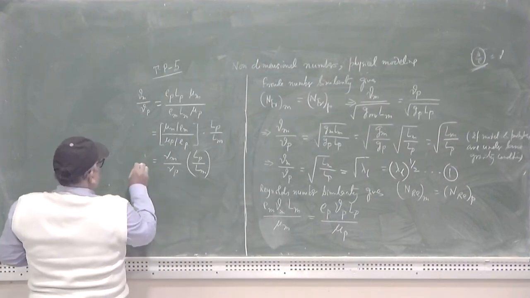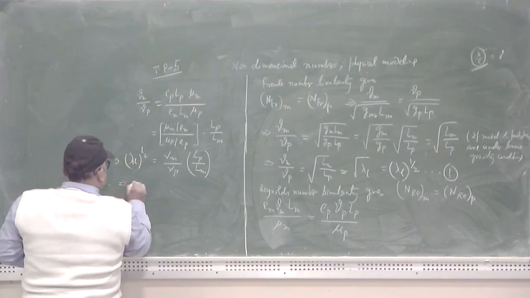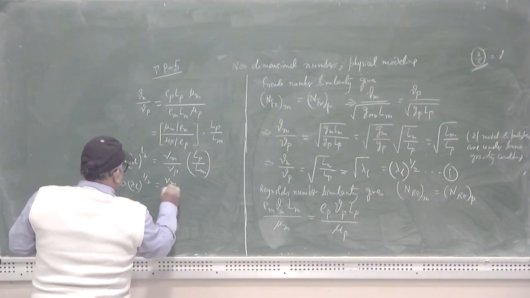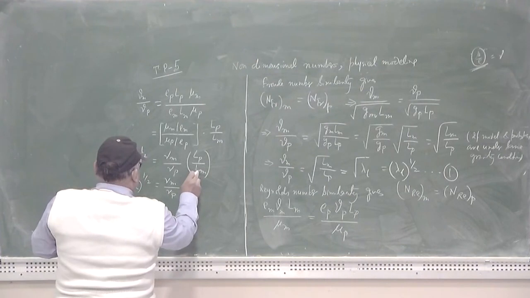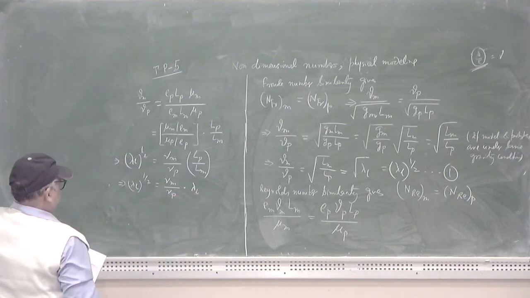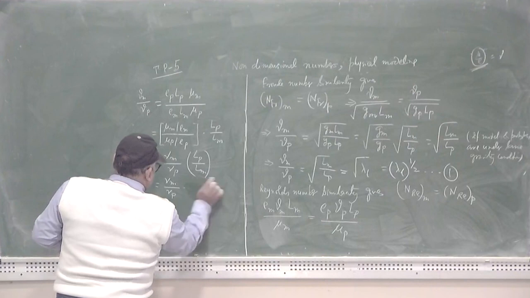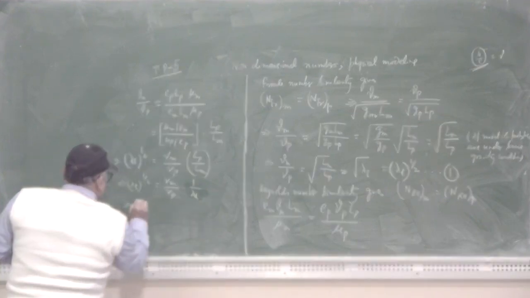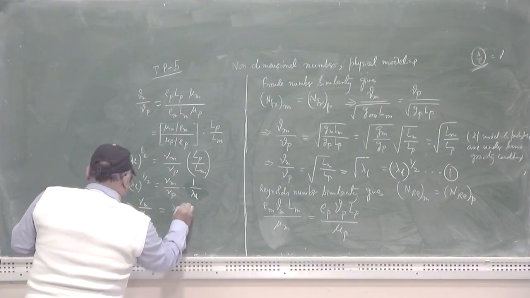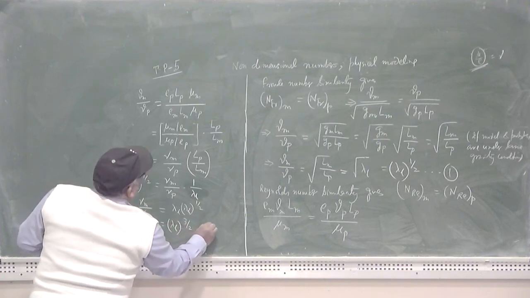So, Vm by Vp equal to lambda L raised to the power half implies that lambda L raised to the power half equals nu m by nu p times one upon lambda L. So, nu m by nu p equals lambda L into lambda L raised to the power half, that is lambda L raised to the power 3 by 2. Let it be equation number 2.